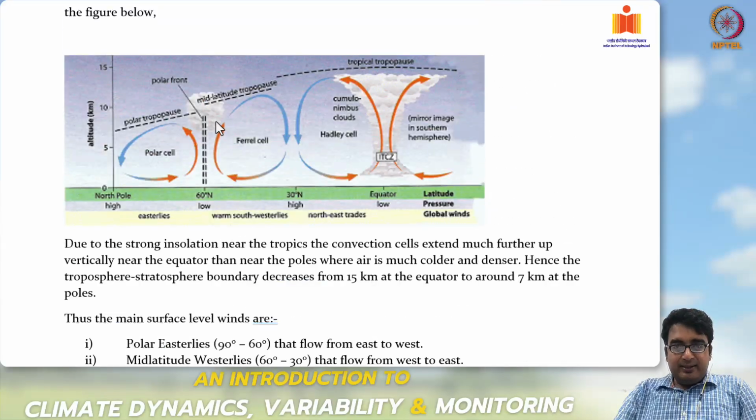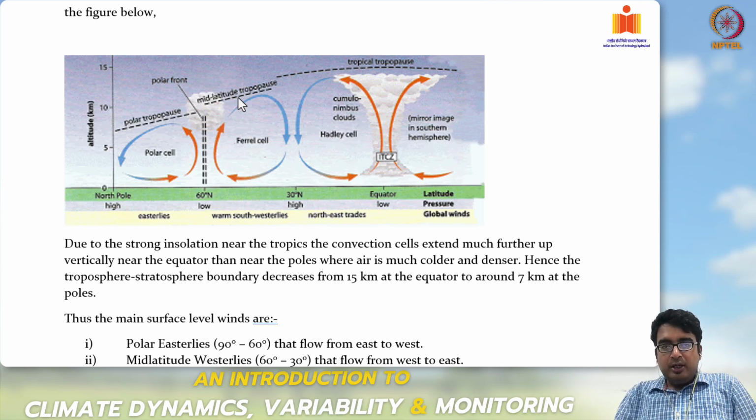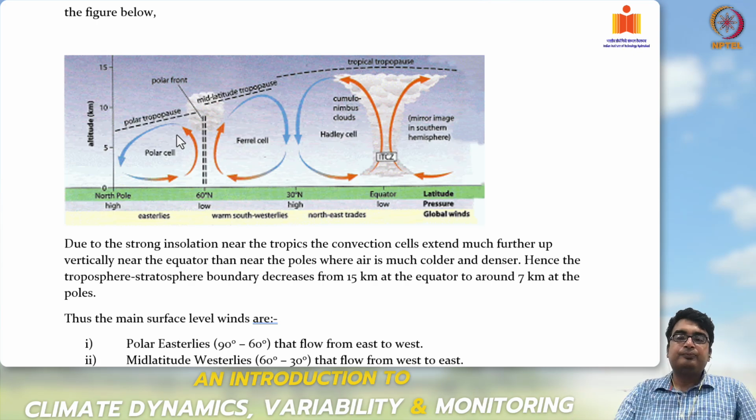Similarly, in the Ferrel cell, the upward moving branch of the winds rising from the 60° north low pressure belt and going towards the 30° north high pressure belt creates the upper level winds in the mid latitude troposphere. So this set here, and this set here constitute the three upper level wind circulation systems that are found on our planet.